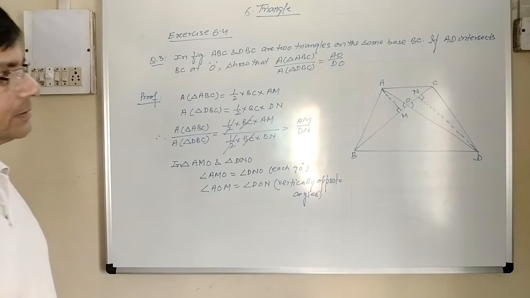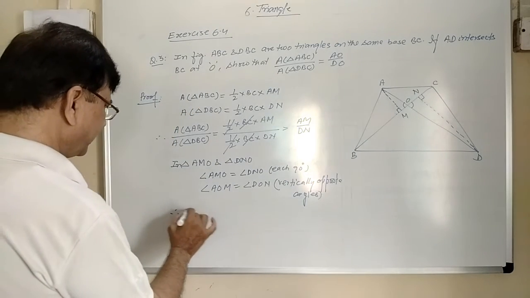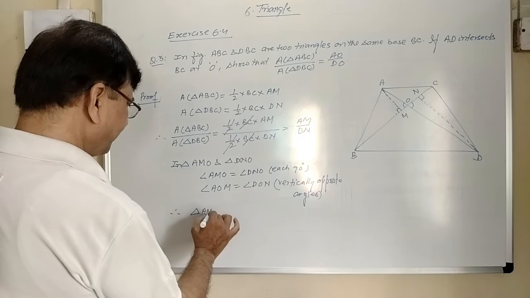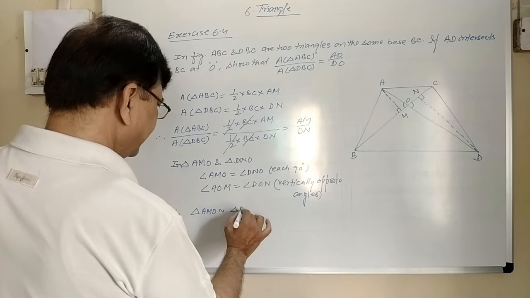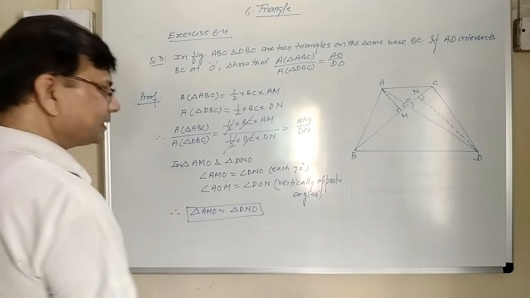So in these two triangles, two corresponding angles are equal. Therefore, triangle AMO is similar to triangle DNO. We have proved these two triangles are similar.